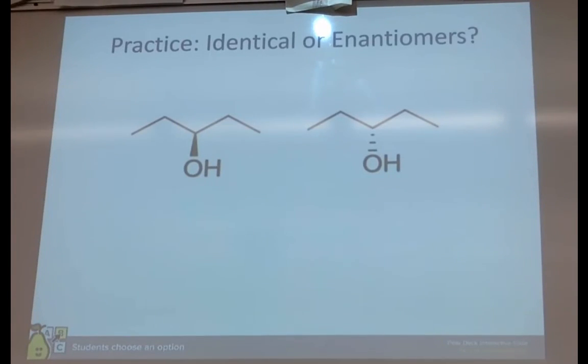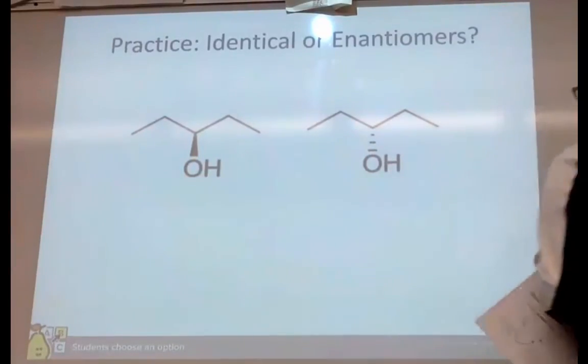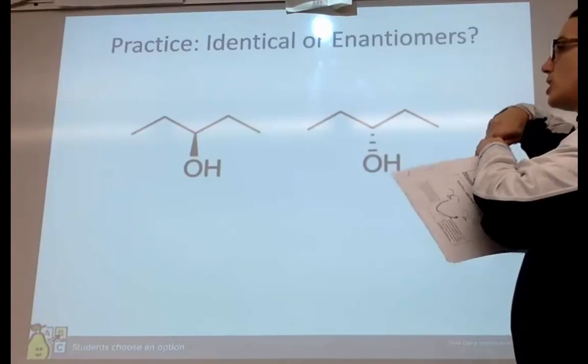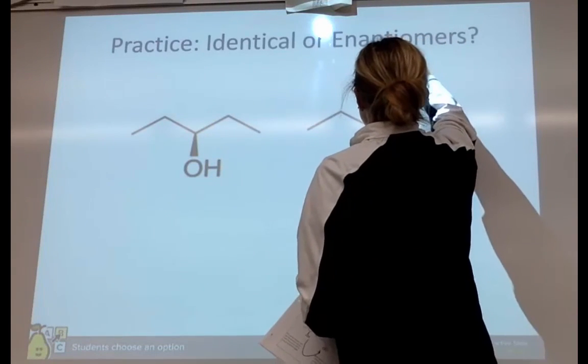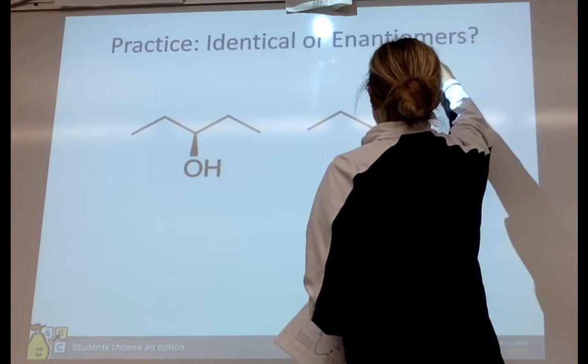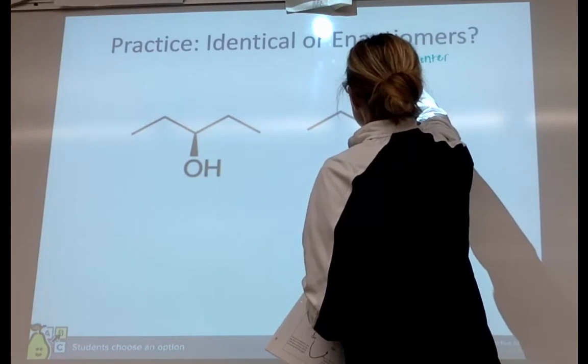And so the last few on here, we might actually just do these as the do nows tomorrow, looking at whether these are identical or enantiomers. One thing before we finish up for today that I want you to keep in mind: when you're asked if something is an enantiomer, remember it needs a chiral center.